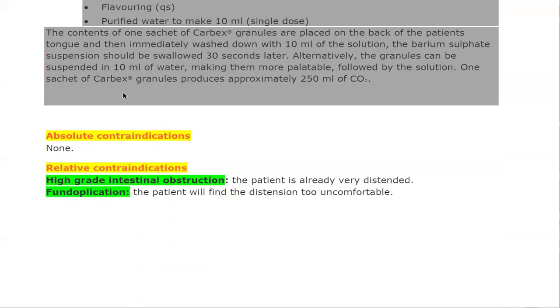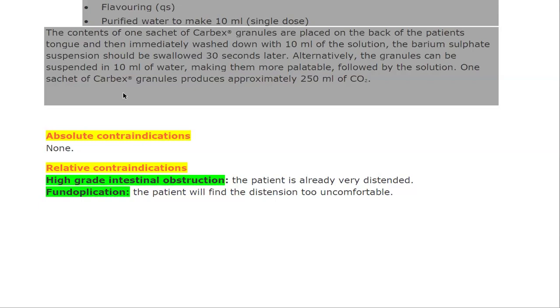Okay, is there any contraindication for this CO2 double contrast? No absolute contraindication, but there is a relative contraindication, such as the patient having high-grade intestinal obstruction. This is gas. The patient is already distended, so you are going to inflate the patient with gas again.